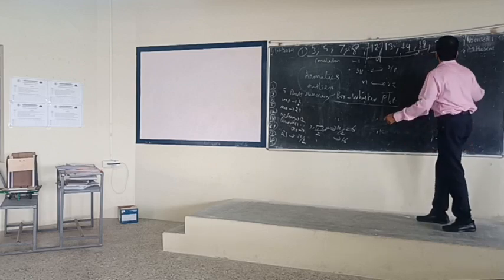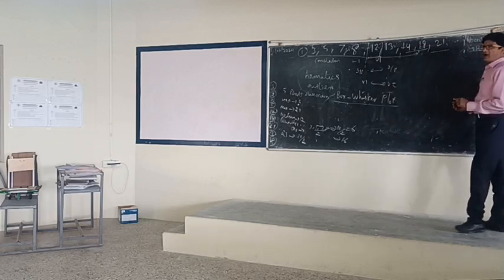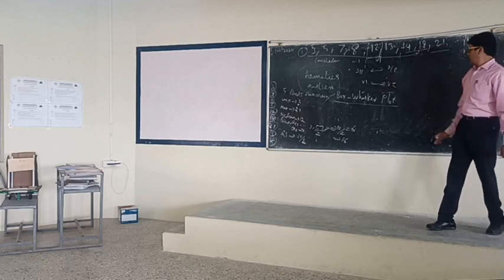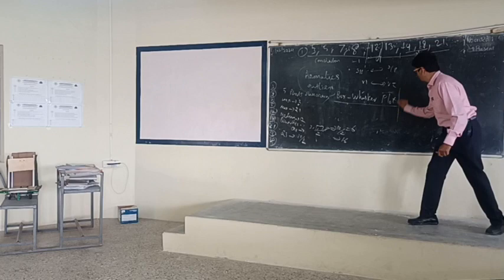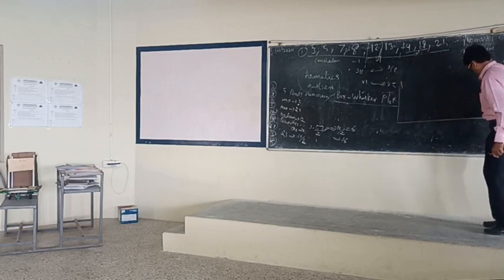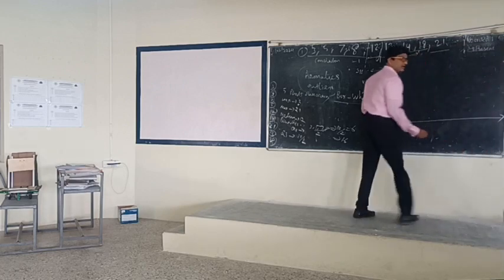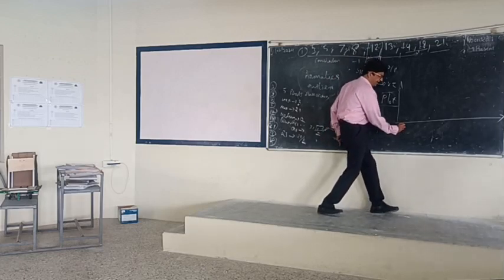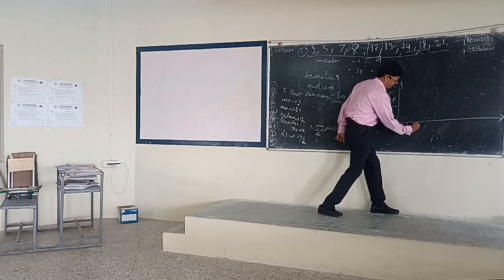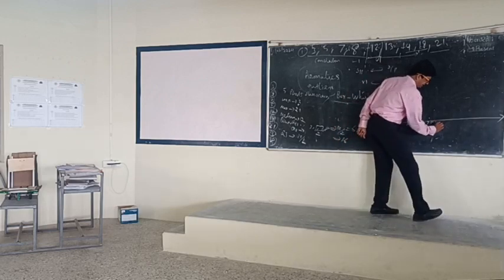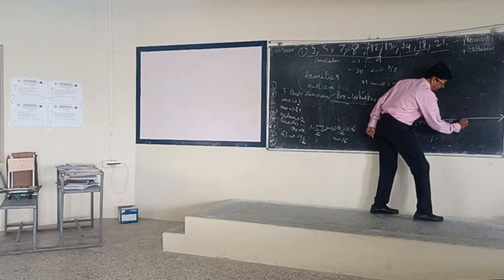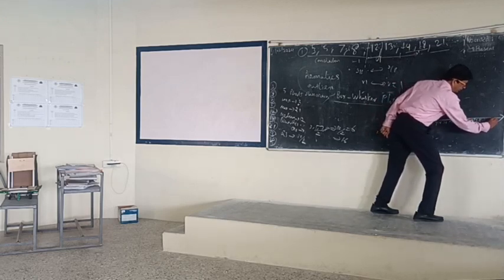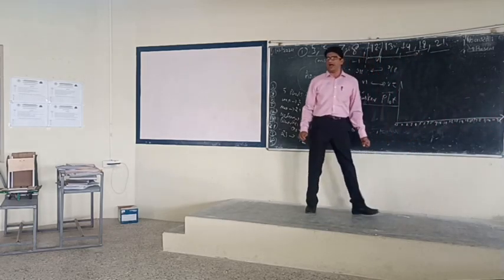Box and whisker plot. So easy, not rocket science. What is the minimum value? 3. First you put the x-axis, start from 0, 1, 2, 3, 4, 5, 6, up to 23.